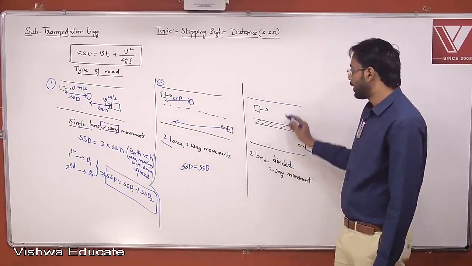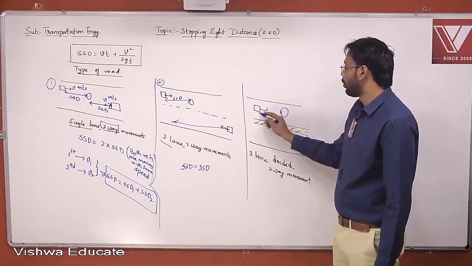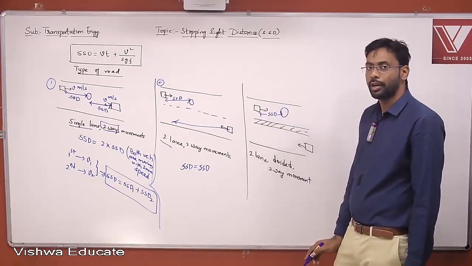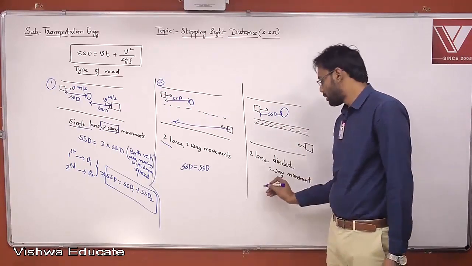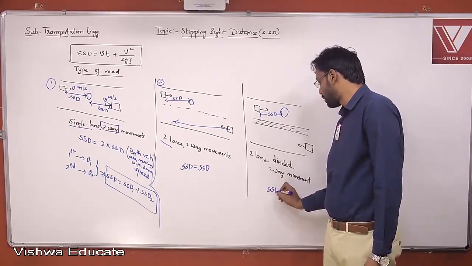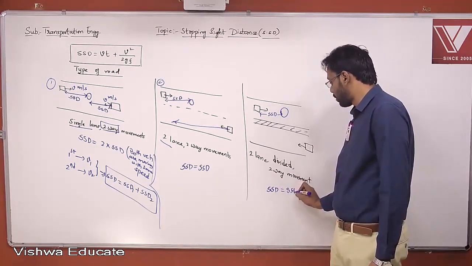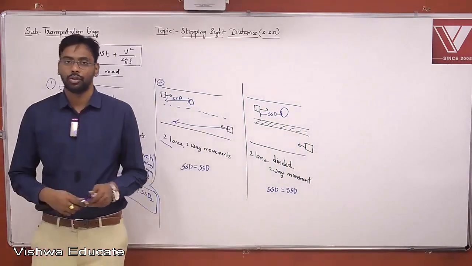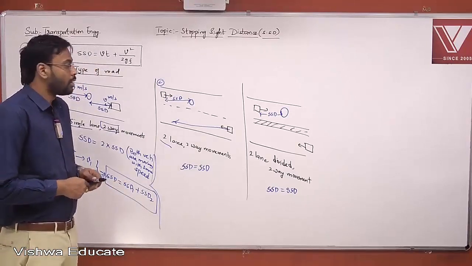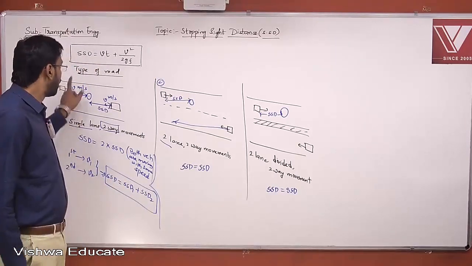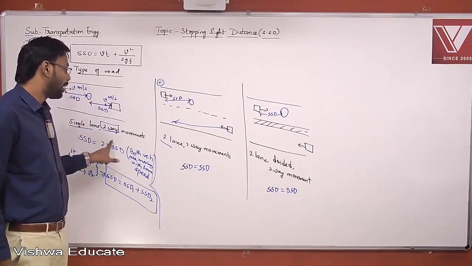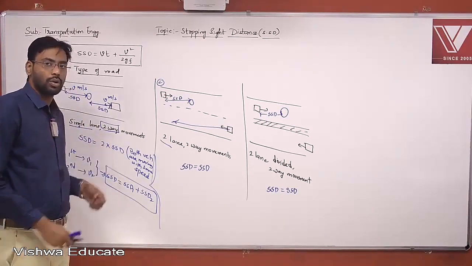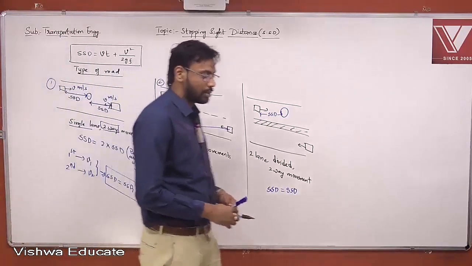Similarly, if there is an obstruction here, only this vehicle will stop. So in this case also, SSD is equal to SSD only, right? So this is one more case based on the type of road. Only for single lane two-way movement, stopping sight distance is equal to 2 times stopping sight distance.